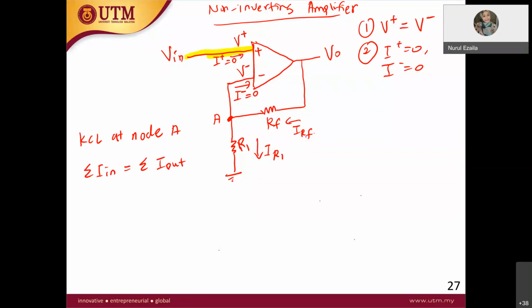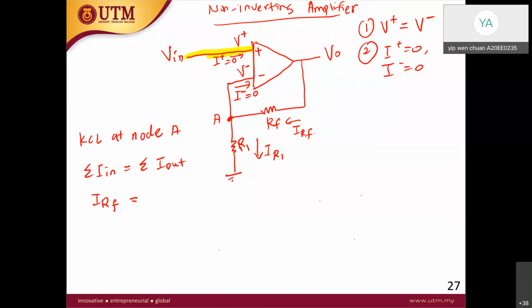IRF. Is there any current in anymore? No. So what is the current out here?